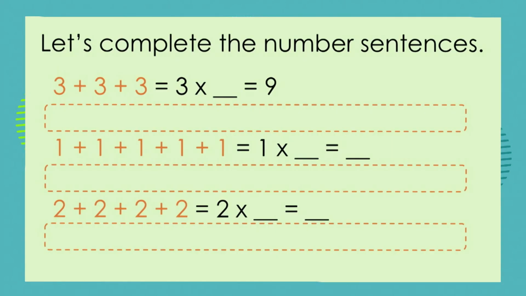Let's do an example. If I say 3 plus 3 plus 3, I know it is going to give me 9. And it is the same as saying 3 times 3 equals 9. Okay, grade 1. So as we can see, repeated addition then becomes multiplication.